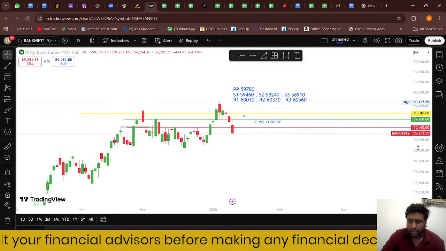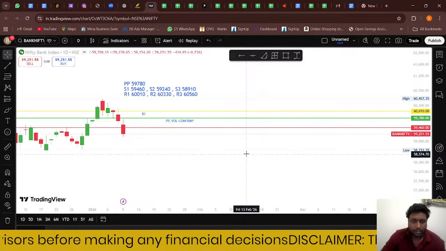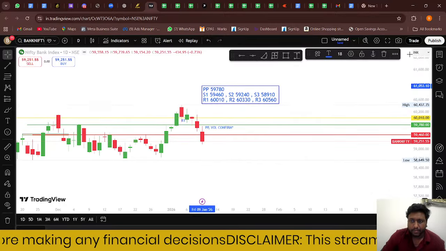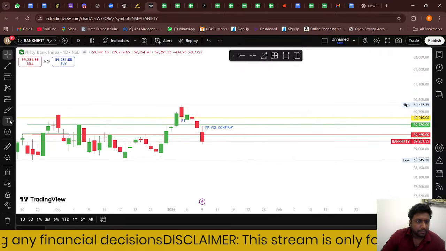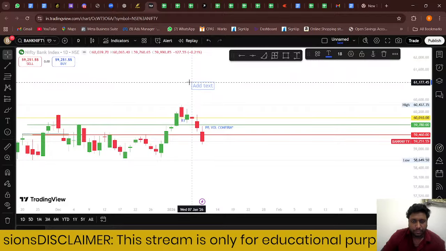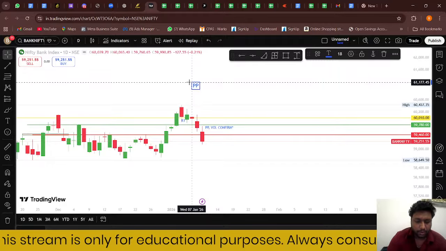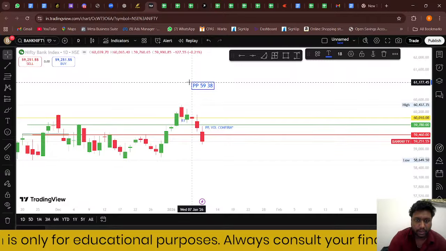In a similar scenario, Bank Nifty also had a bear run for the last market day. 59,380 will be today's pivot line.